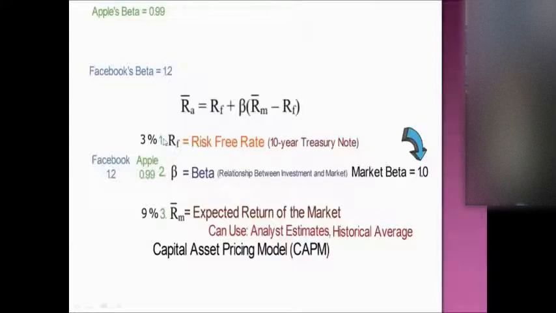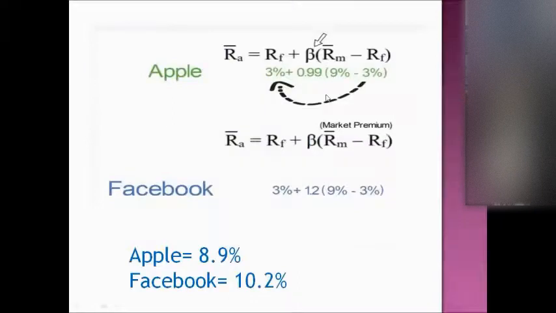Okay? So, given this data, class, let us try to compute the return on assets for both Apple and Facebook. Example lang ito, ha, how to compute. So let us simply substitute the given. Okay? So RF, ano nga uli ang RF? Risk free rate. Okay? So in our example, balik tayo dito.